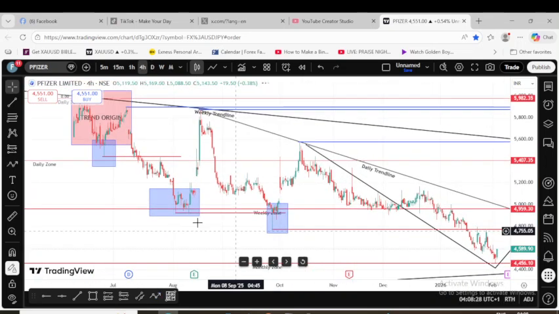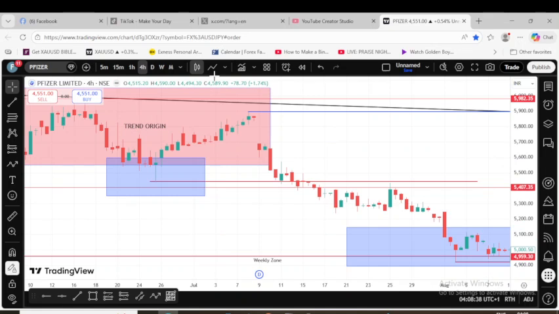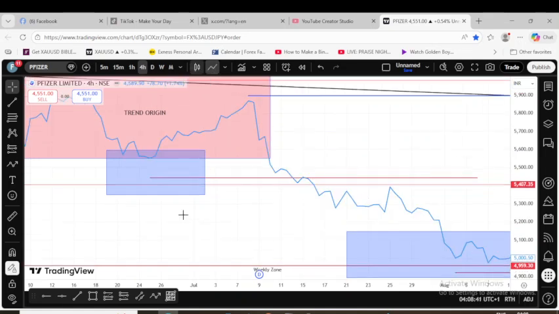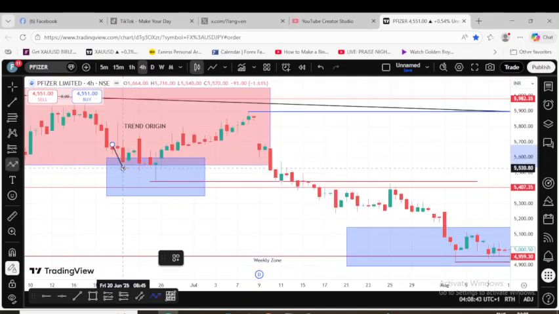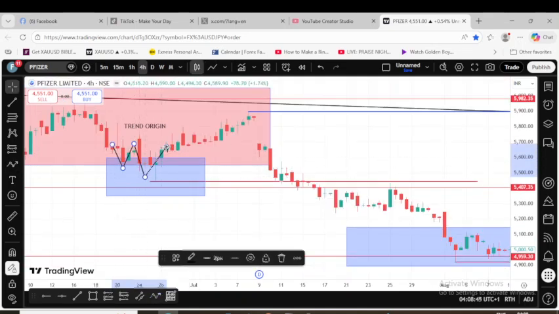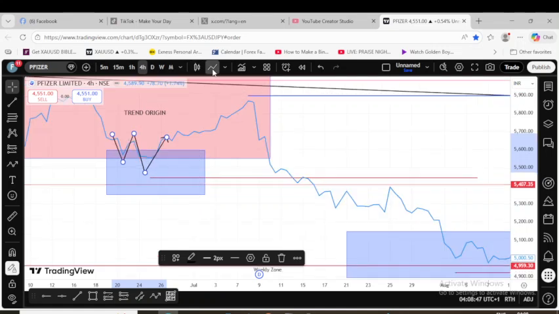So what I can find is very simple. I can already tell from here. It is W patterns. If I switch to my line chart, you can see a W pattern here. At this blue box, if I switch to my line chart, you can see a W pattern here.